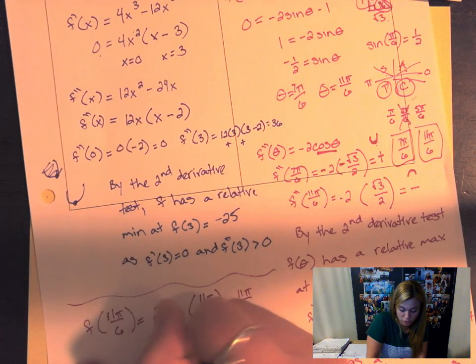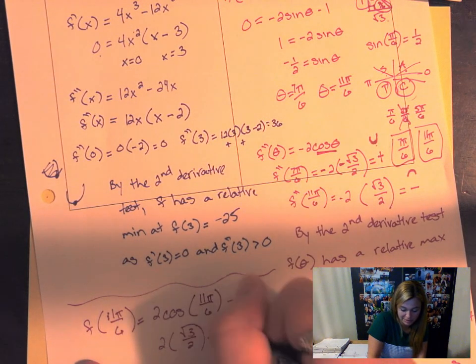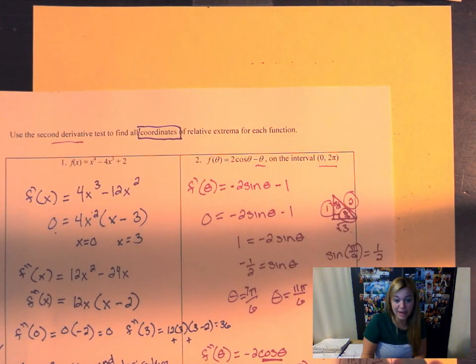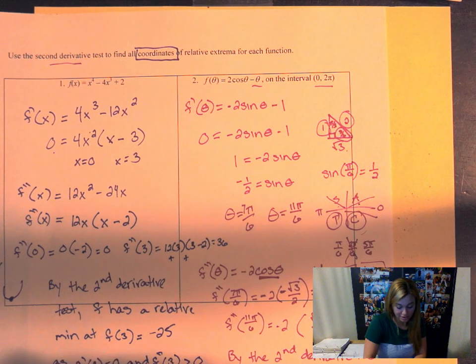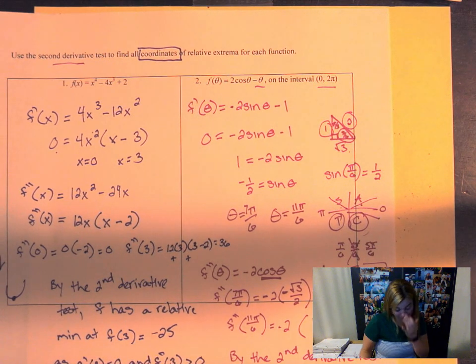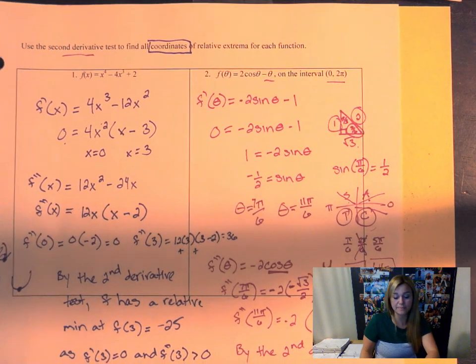So 2 times square root of 3 over 2 minus 11 pi over 6. If I'm talking about 11 pi over 6, I'm looking in the fourth quadrant where cosine is positive. So I'm just going to keep it as this, where I have 2 times square root of 3 over 2. So I get square root of 3 minus 11 pi over 6 as my point.